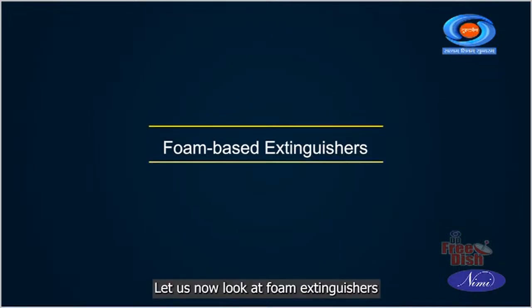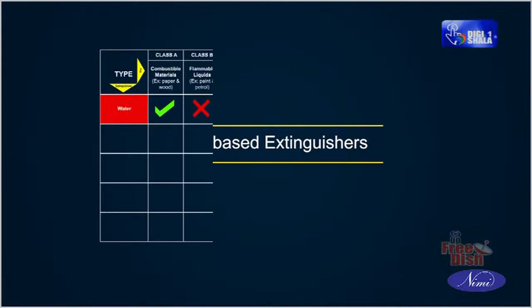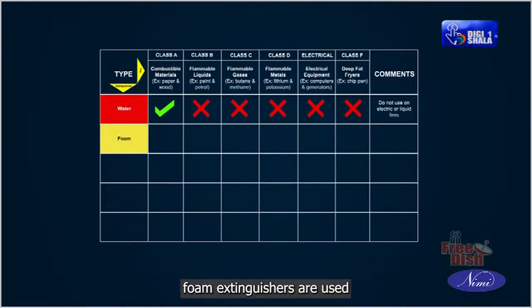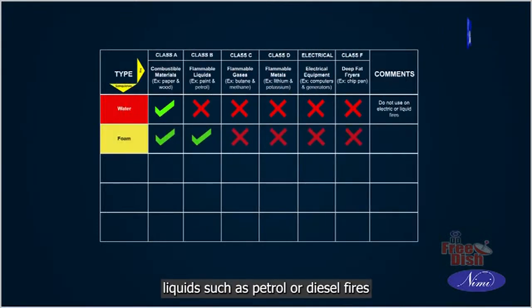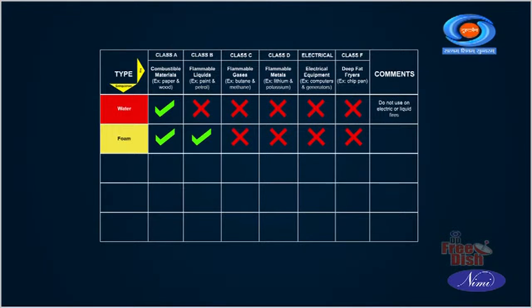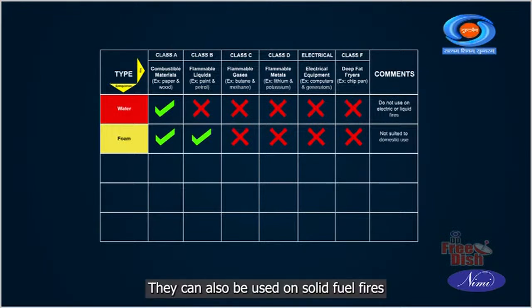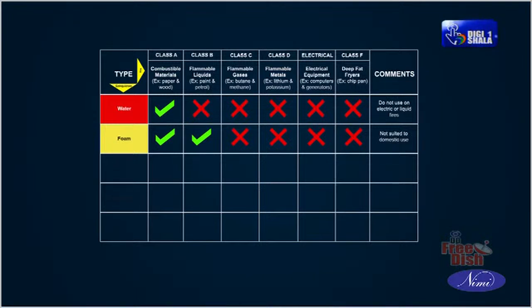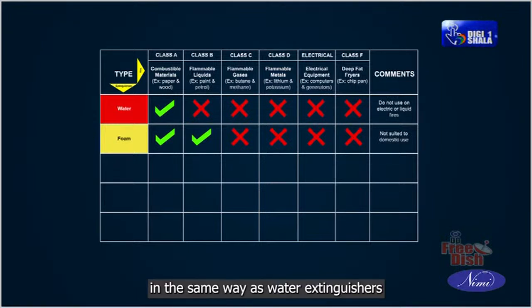Let us now look at foam extinguishers. Foam extinguishers are used on burning liquids such as petrol or diesel fires. They can also be used on solid fuel fires in the same way as water extinguishers.